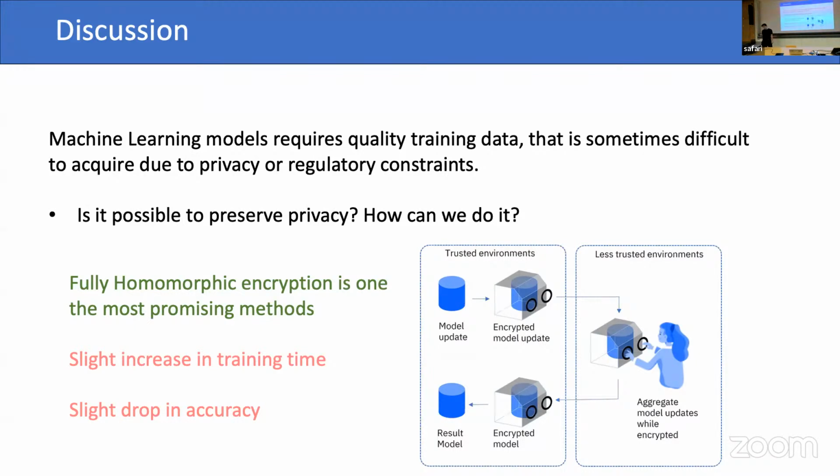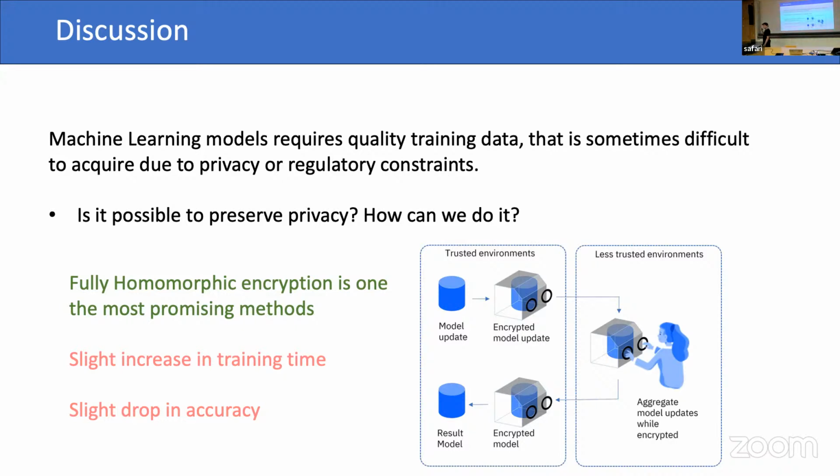Also, there is federated learning. I don't actually remember the word before, sorry about it. So basically, how does it work? It decentralizes the data.